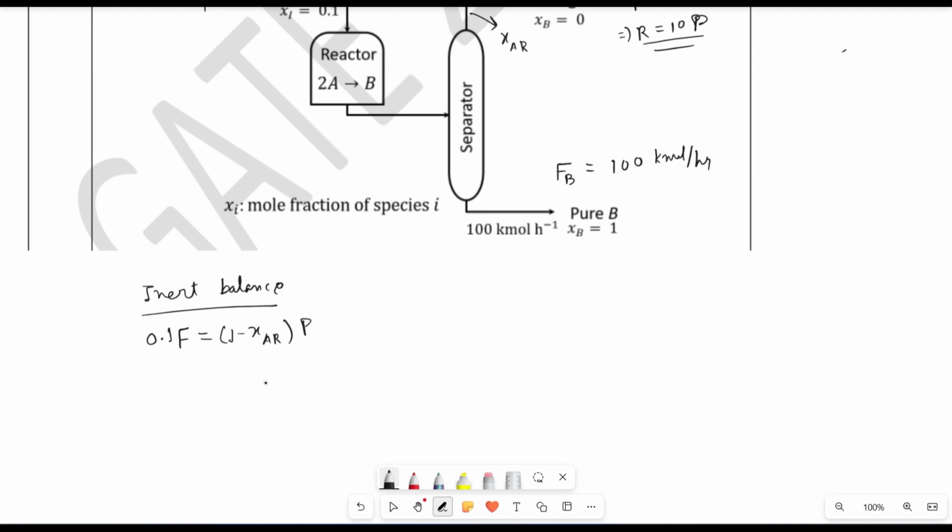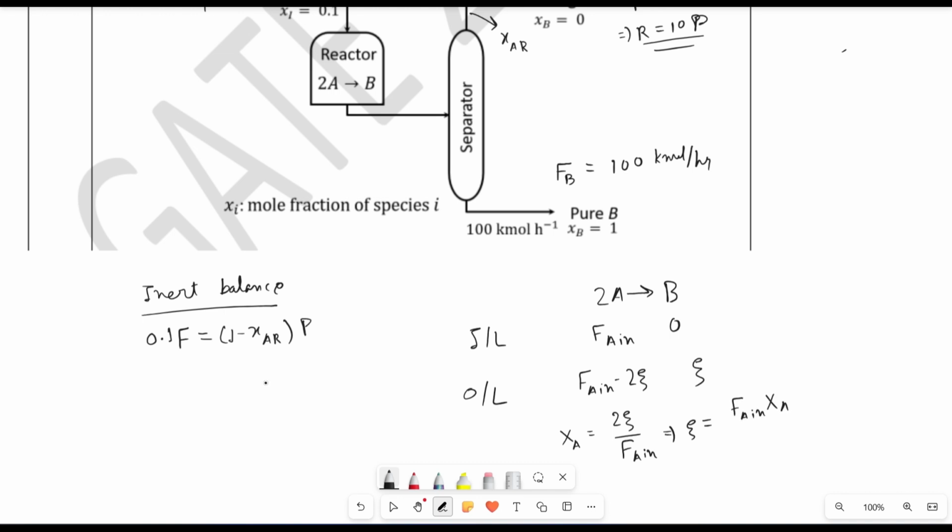Now from the reaction, 50% conversion is happening. So the inlet of the reactor is FA in, there is no B. The outlet is FA in minus 2 zeta, and B will be zeta. Conversion of A is the change, 2 zeta, divided by FA in. So zeta is equal to FA in times conversion of A divided by 2.